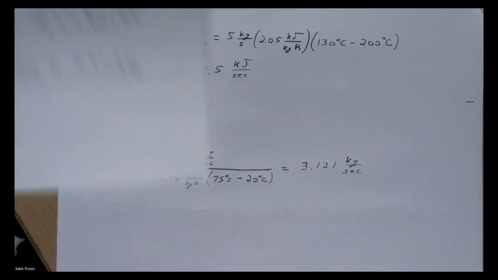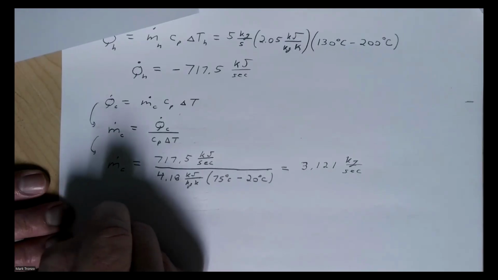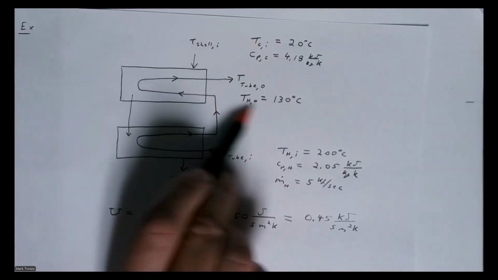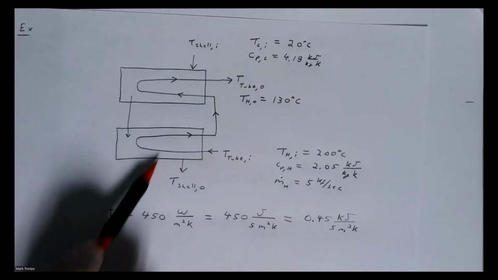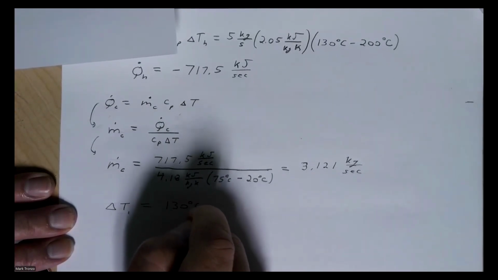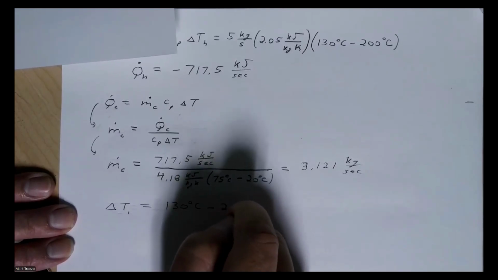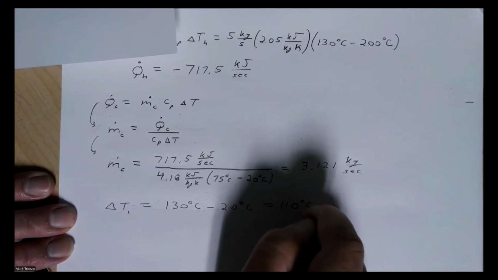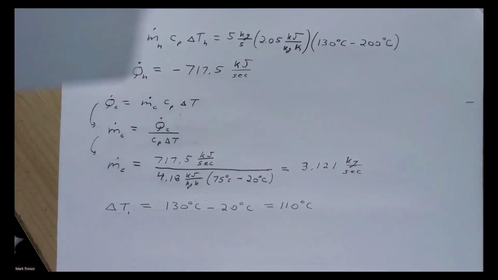It doesn't really matter. I'll call it delta T1. Again, you can either call this side T1 or this side T1. And so it's going to be 130 degrees C minus 20 degrees C equals 110 degrees C, like this.